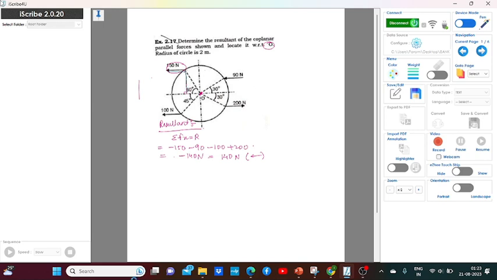How to find this perpendicular distance? You see, it is very simple. There is one line over here, like this. It is forming this triangle, and this is 60 degrees. They have mentioned that the radius of the circle is 2 meter, and you want this distance, which is x. The way you resolve the forces, the same thing can be done over here.